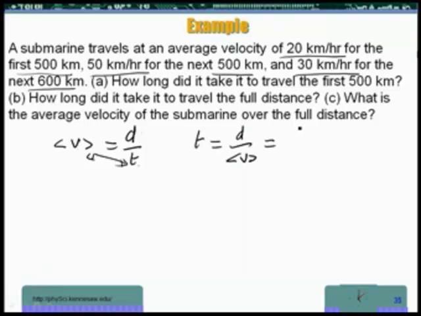In this case, that's 500 kilometers over 20 kilometers per hour, which is 25 hours. Quite a long time. But submarines can move slow.